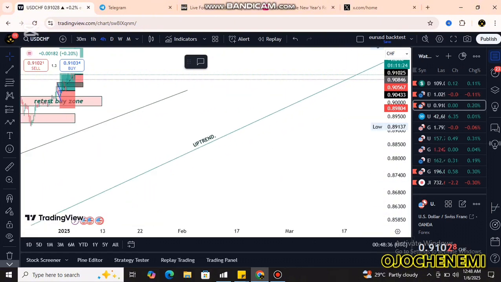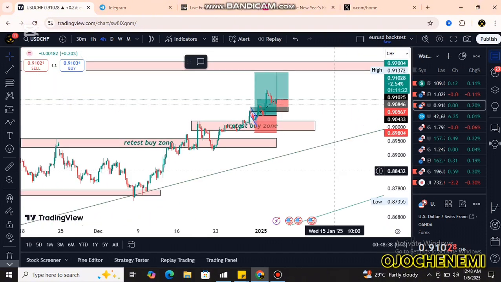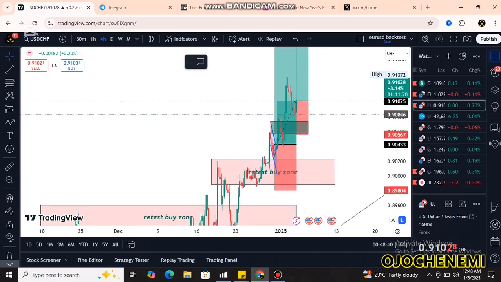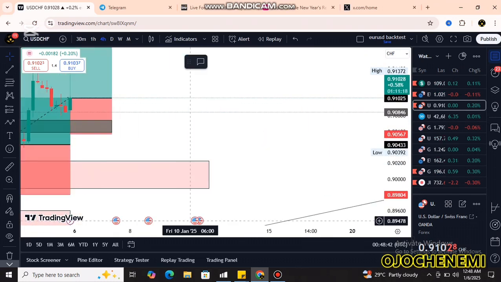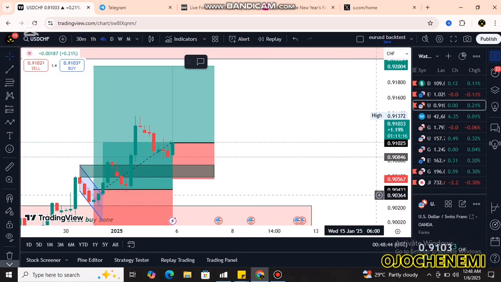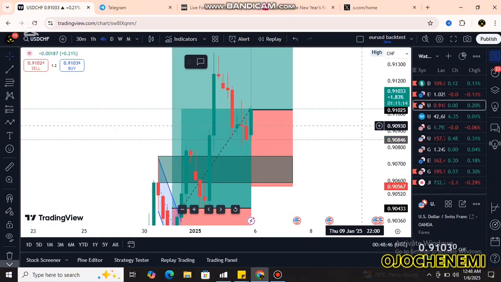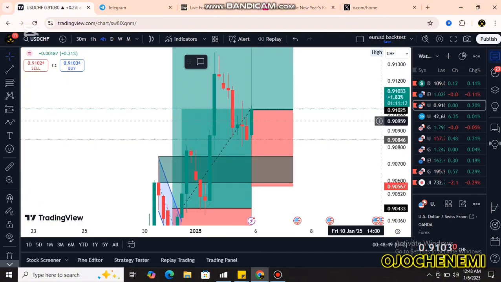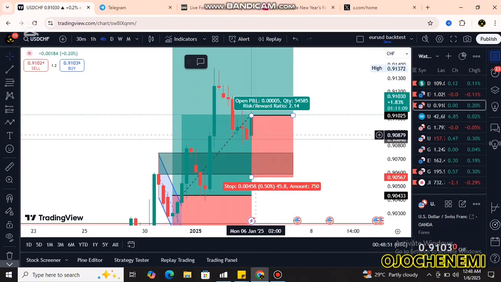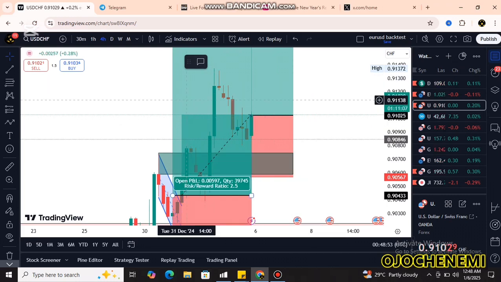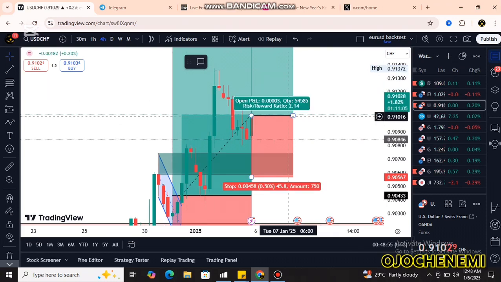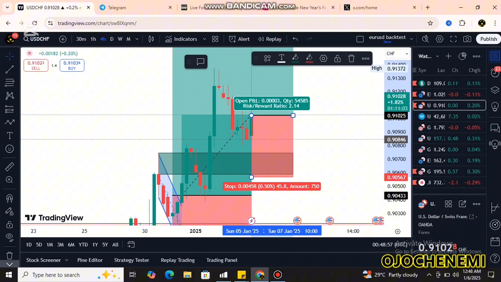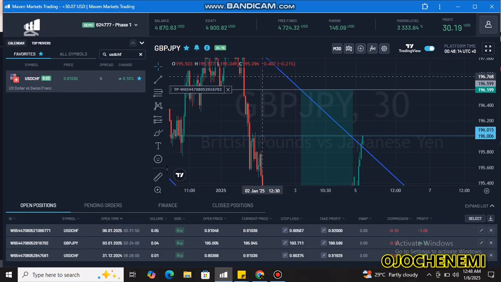On the CHF, we are on an uptrend. You can see that there is a retest on this zone. After this retest, I just entered a new trade here. Okay, so we are in here.